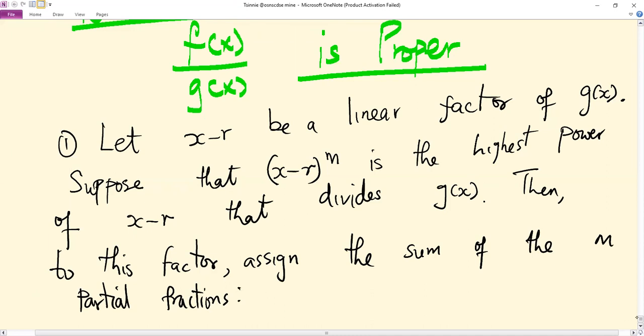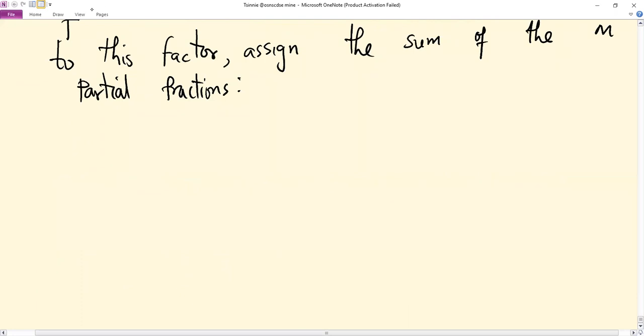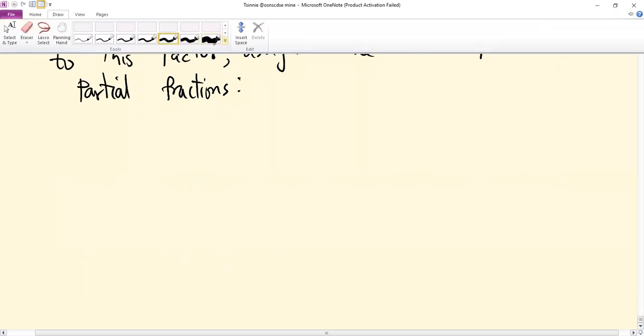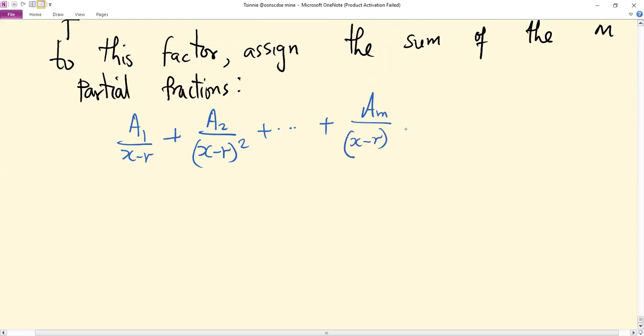They are a1 over x minus r plus a2 over x minus r squared, up to plus am over x minus r raised to the power m.